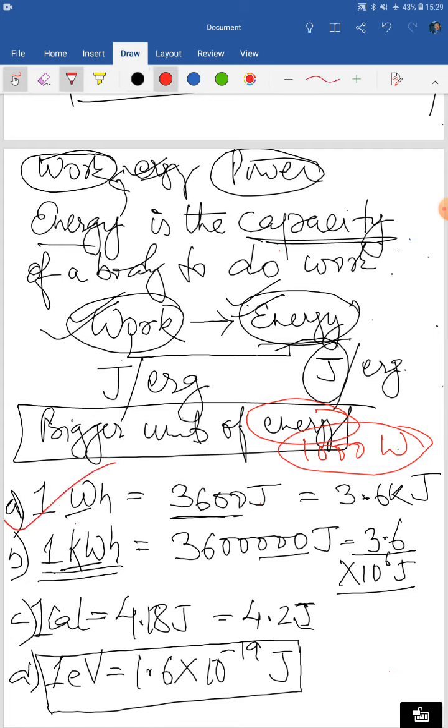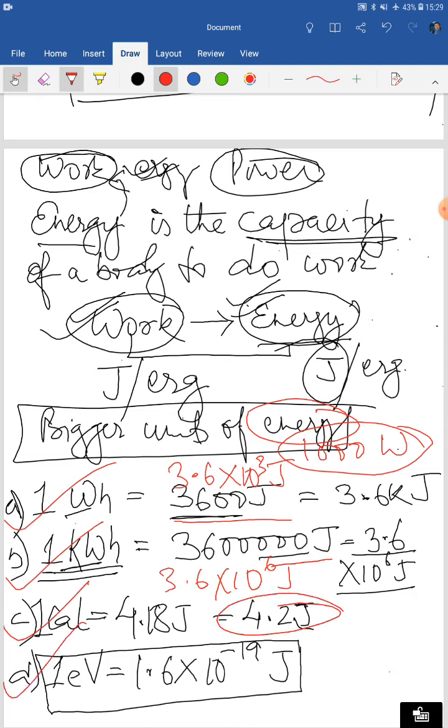1 watt hour equals 3.6 kilojoule, or you can write this as 3.6 into 10 to the power 3 joule. Okay, 1 kilowatt hour equals 3.6 into 10 to the power 6 joule. 1 calorie equals 4.2 joule, and 1 electron volt equals 1.6 into 10 to the power minus 19 joule.